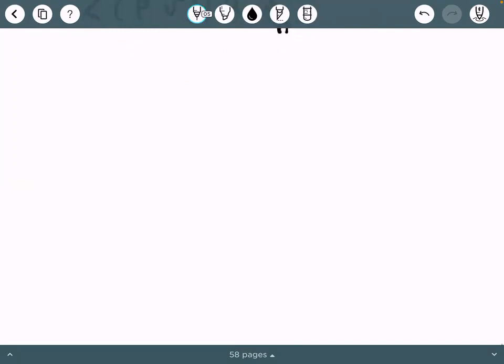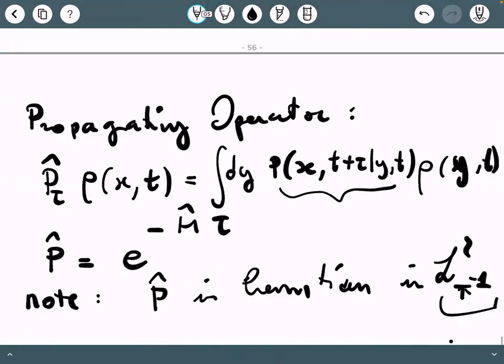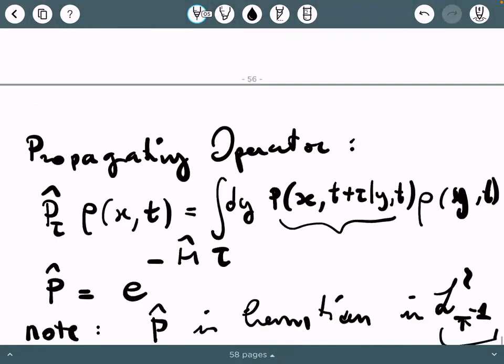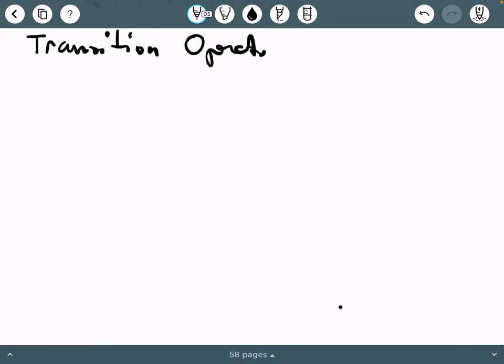Now, let's do the same with the transition operator. Let me remind you, the transition operator was defined... Did I define the transition operator already? I think so, right? Anyway, let me redefine it for a moment.